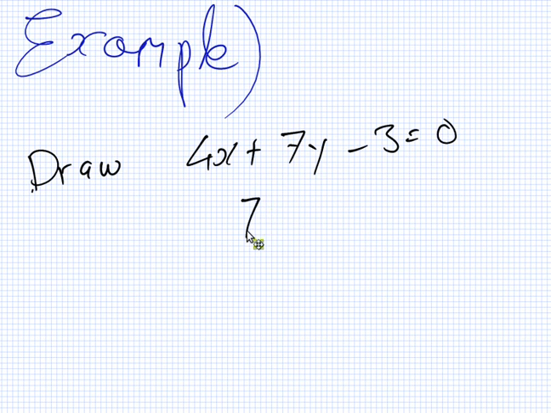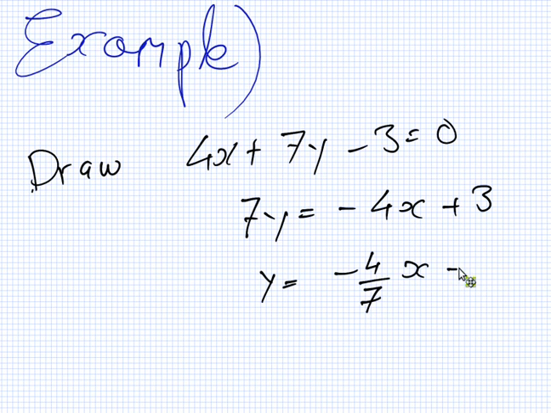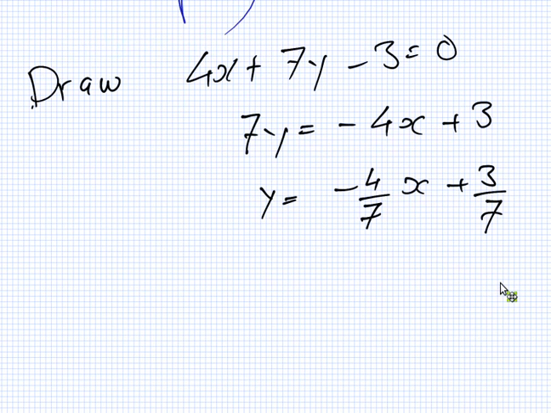So I have 7y equals minus 4x plus 3. Y equals minus 4 over 7 x plus 3 over 7. That's really good, because I can know what the y-intercept is.